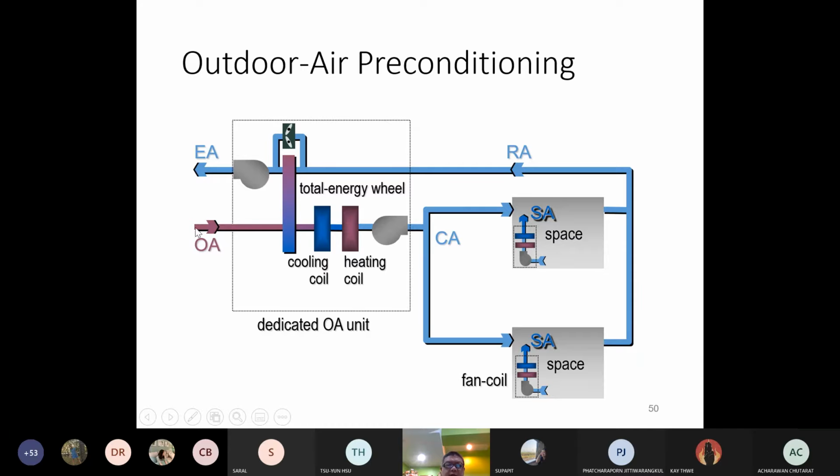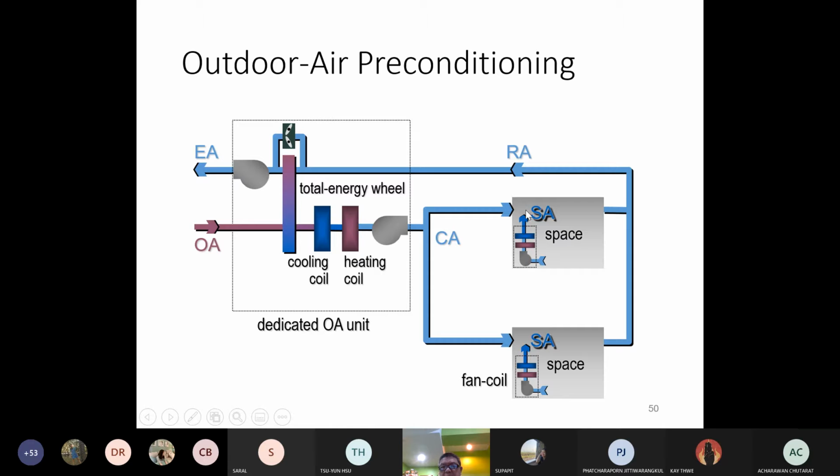Okay. So the outside air will pass the total energy wheel, so the temperature will drop a bit and then it passes through the cooling coil. When it passes the cooling coil, it takes out the moisture, and then it passes through the blower, and the blower sends the supply air into the space, or supply air into the fan coil, into the space.